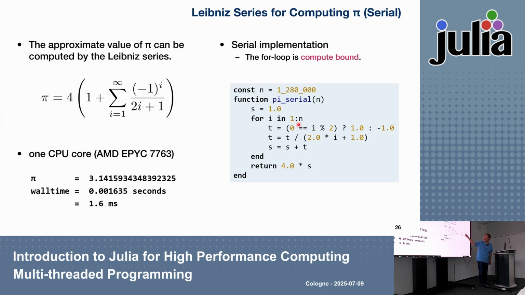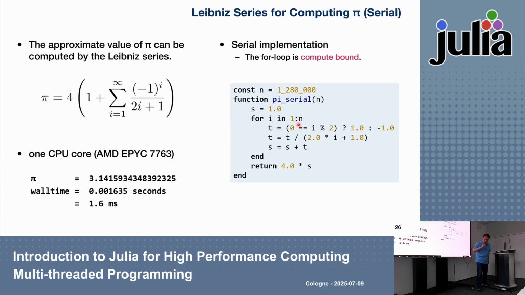As you can see, just checking whether this is an even number or not, it's 1 or minus 1, and doing some division, and then finish. Very little calculation for each term, but one needs to go through 1 million terms. And then in the end, return 4 times the sum of the terms.